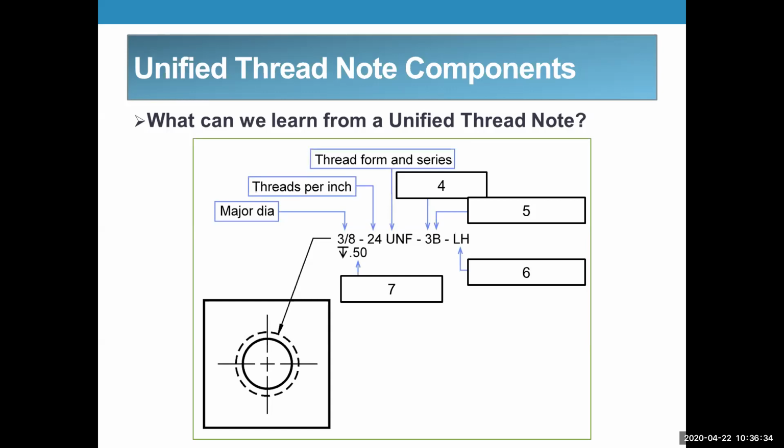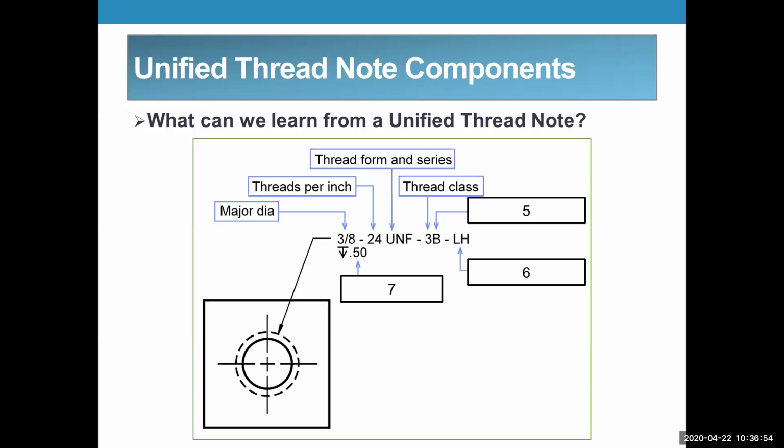The UNF is the thread form and the series. Thread form is actually Unified National, and the series would be fine thread. The 3 stands for class of fit, thread class.